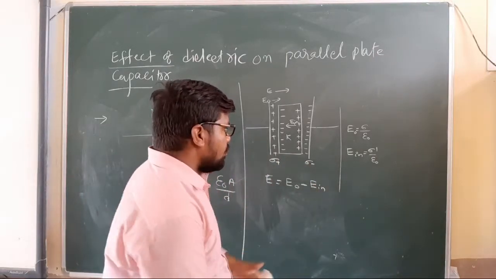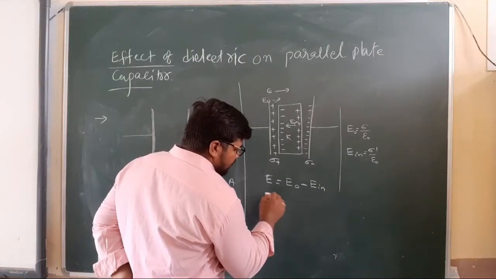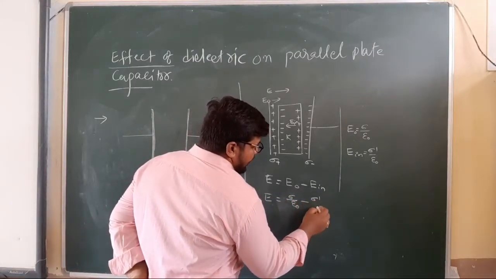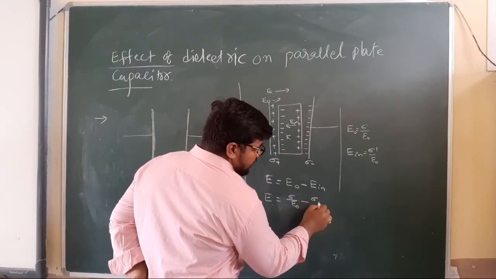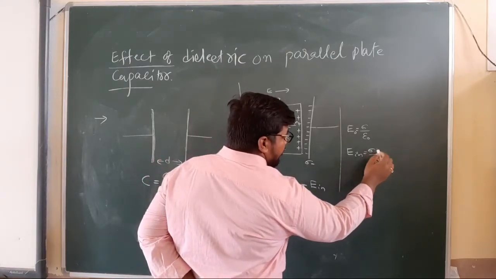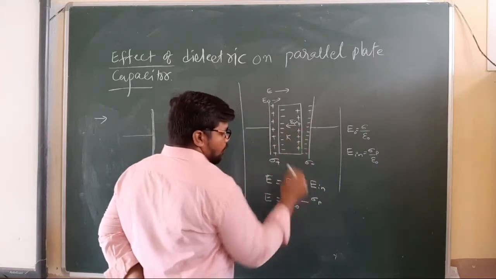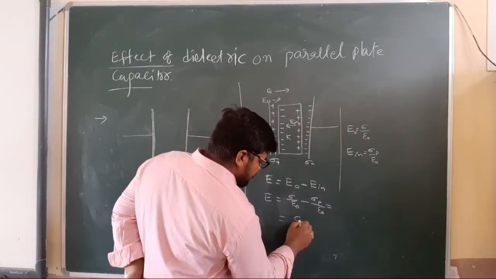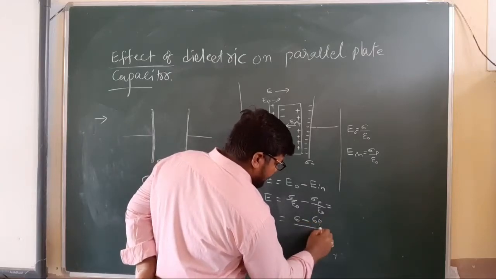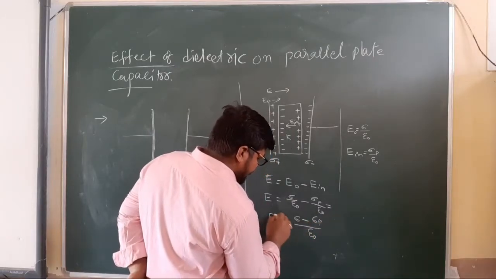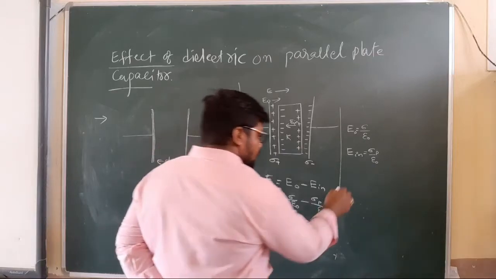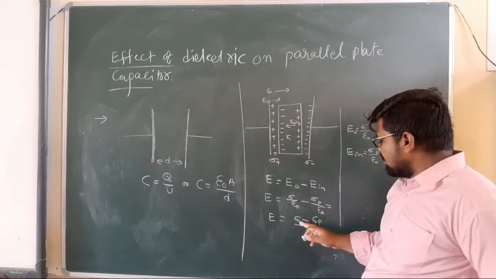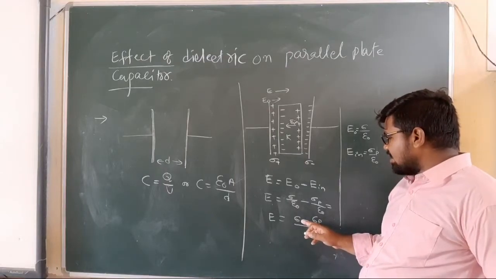Substituting in this equation, E is sigma by epsilon naught minus sigma dash, or sigma polarization, that is sigma P by epsilon naught. Rearranging, E is sigma minus sigma P by epsilon naught. So here is the reduced electric field.